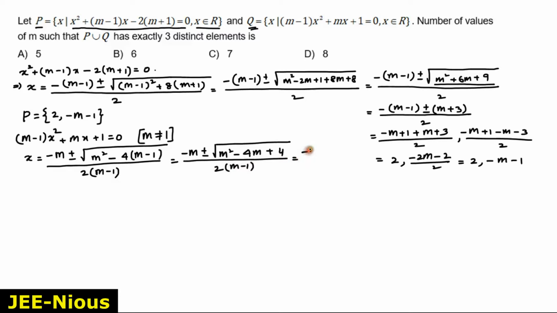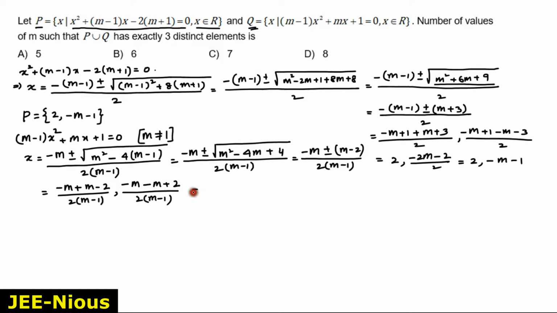So this is minus m plus minus, this is basically m minus 2 whole square. So m minus 2 will be outside the root, divided by 2 times m minus 1. Therefore, the roots are minus m plus m minus 2 by 2 times m minus 1, and another root will be minus m plus 2 divided by 2 times m minus 1.